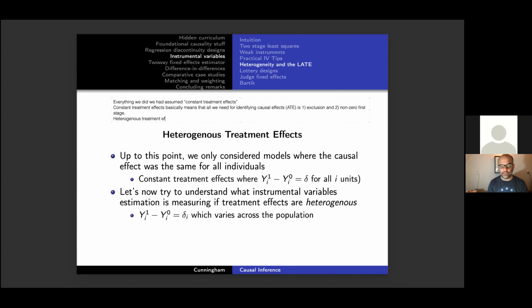Heterogeneous treatment effects, where each unit may have a different response to the treatment, has more than just these two assumptions. That's what we learned in the mid-90s once economists began working on this problem of IV, right? See what we learned from heterogeneity, right?